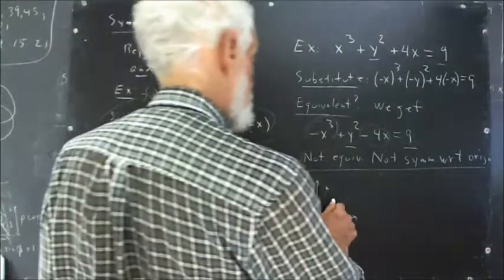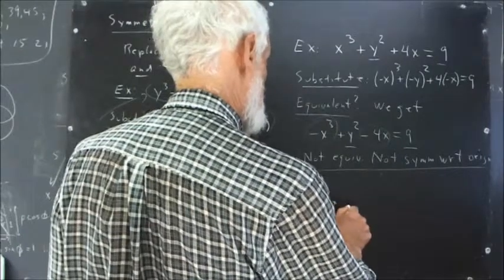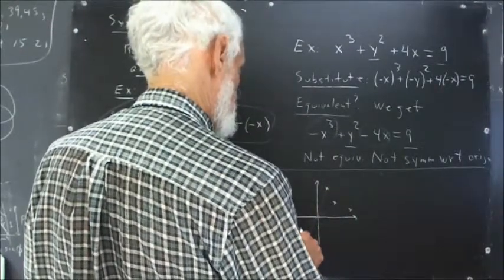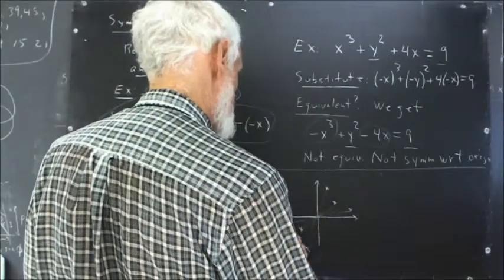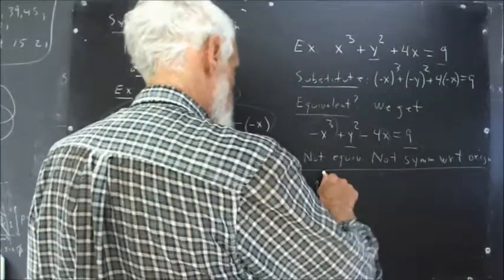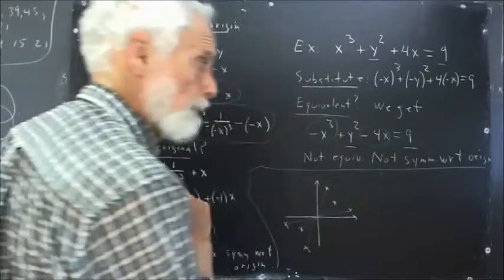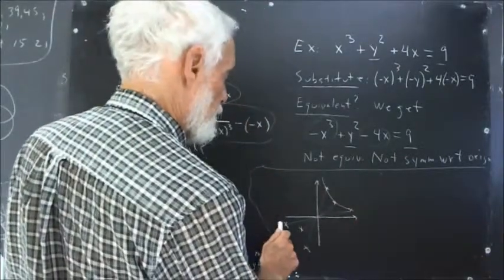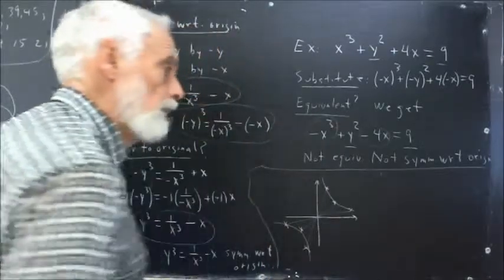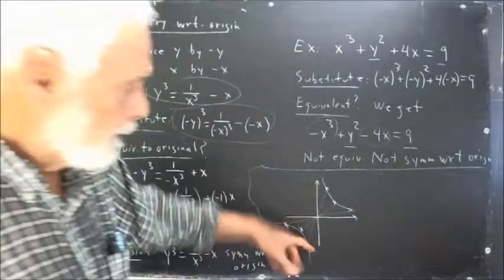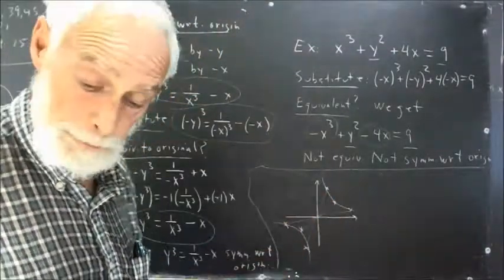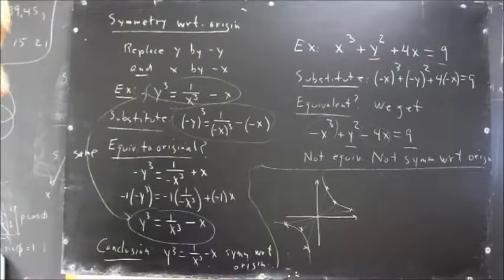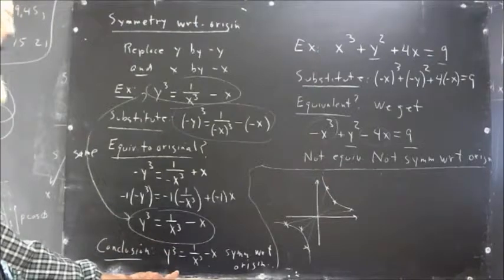So if we have points like so, then the reflections would be these, and if the graph, for example, has this shape, the reflections will give you this shape, reflection through the origin. Now that's not what the graph of this function looks like.